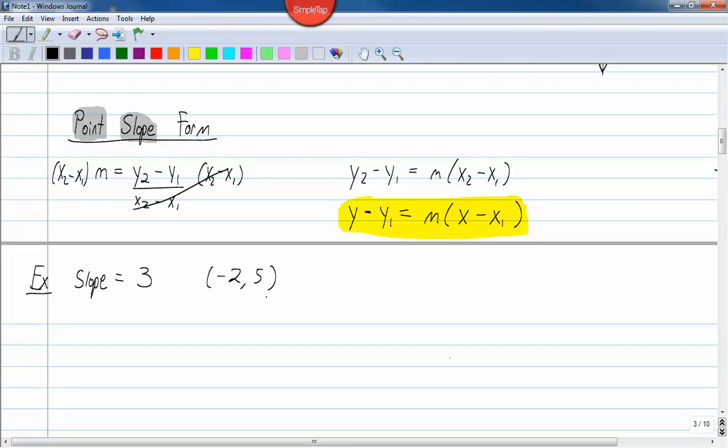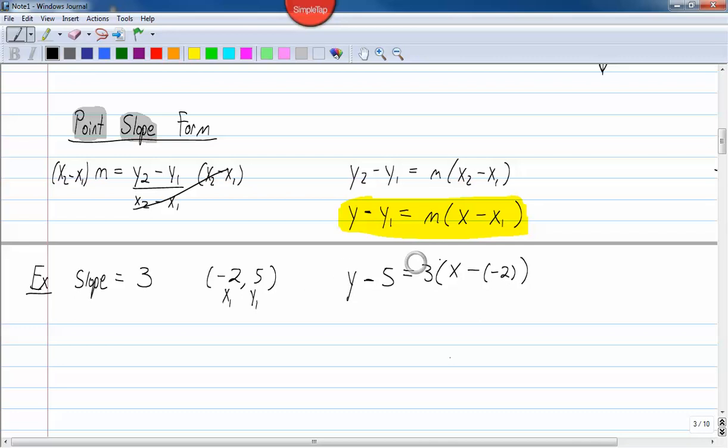So if I want to write the point-slope form of the equation of a line that has a slope of 3 and goes through the point (-2, 5), you can label your points. There's your x sub 1 and there's your y sub 1. So it's y minus y sub 1, which is 5, equals, the slope is 3, times x minus x sub 1, which is -2.